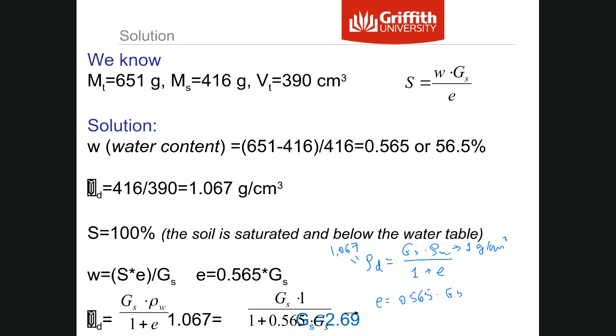So in the end, we get 1.067 equal to specific gravity times 1 plus 0.565 times specific gravity. You have only one unknown, and from solving this you get the specific gravity, which is equal to 2.69. Remember that specific gravity has no units. It's the ratio between density of solids and density of water, and this is what you get, 2.69.